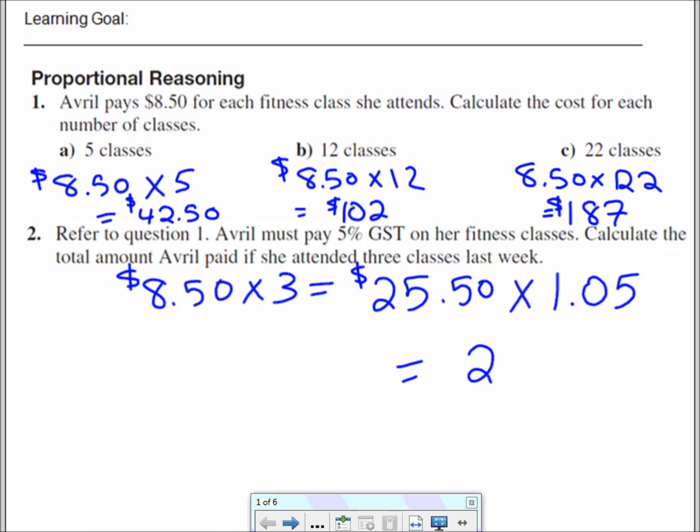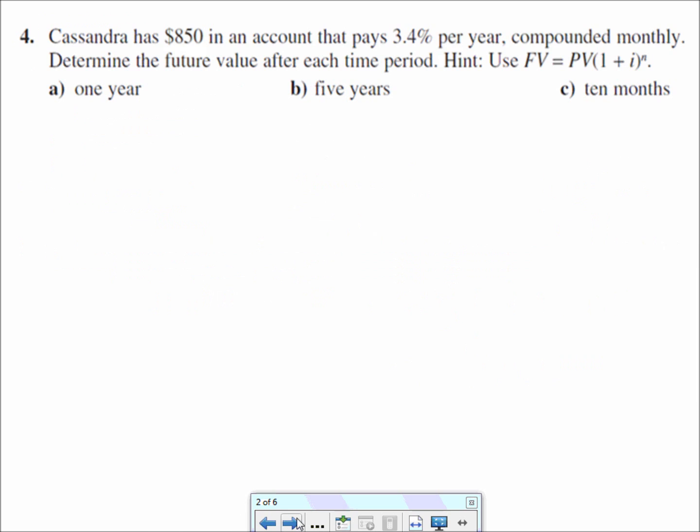So her classes are going to cost her $26.78. Okay? So a lot of this stuff you do already, sort of, in your everyday life.